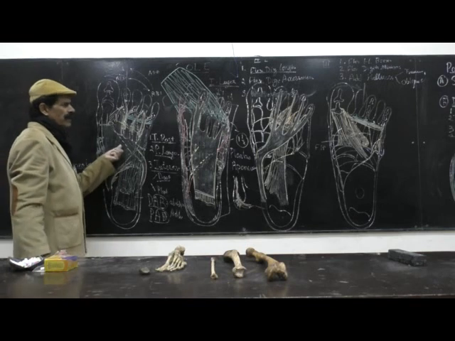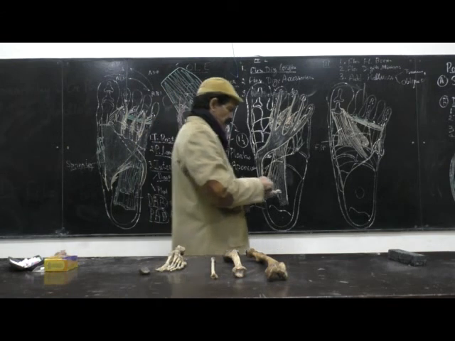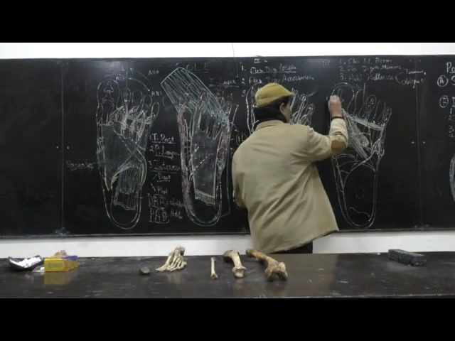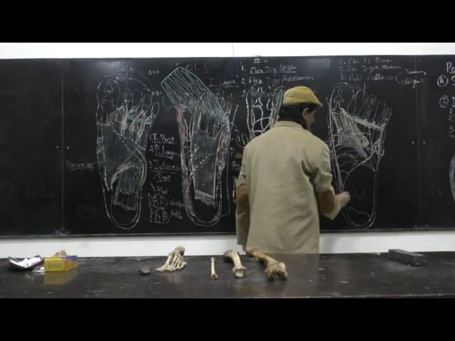Another thing we have to see is the plantar arterial arch. We have seen that there are two arteries on the medial aspect, the medial plantar artery, which is smaller, and the lateral plantar artery, which is bigger.